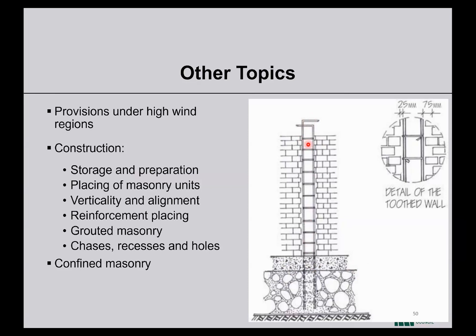This is called confinement. Since we provide confinement in between these brick walls, this is called confined masonry. So the behavior is completely different from a beam column frame. These vertical members provide confinement. They don't actually carry the lateral load. The lateral load is carried by the brick walls. That is the basic difference.